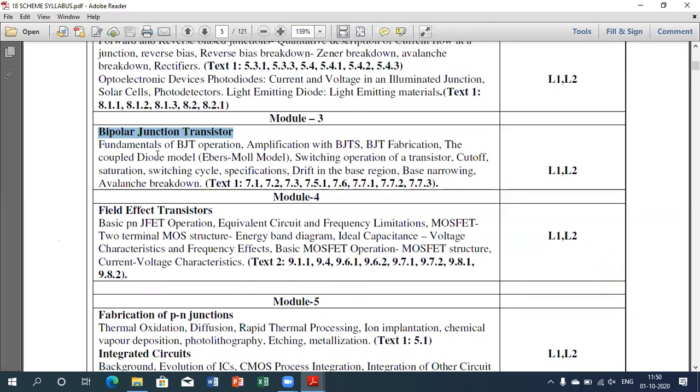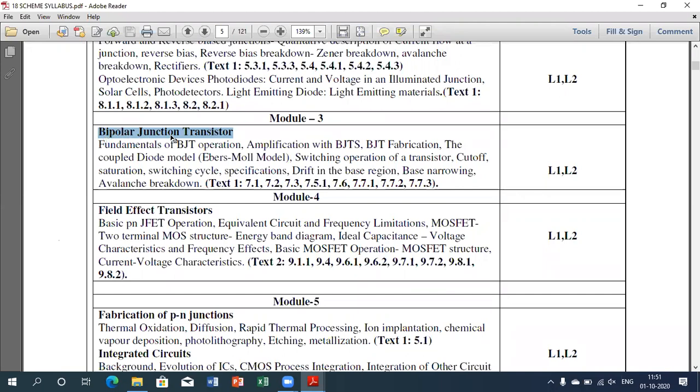The first reason is that the conduction, or the current, in the transistor takes place due to two major carriers. Two major carriers are used to conduct the current in the transistor. That's why it is called bipolar. Here, electrons as well as holes are used for the movement of current.